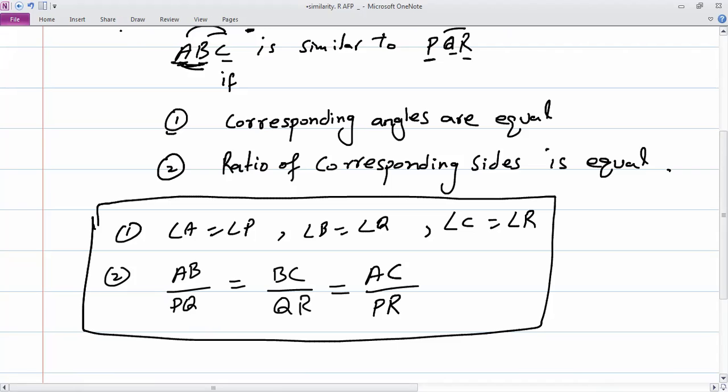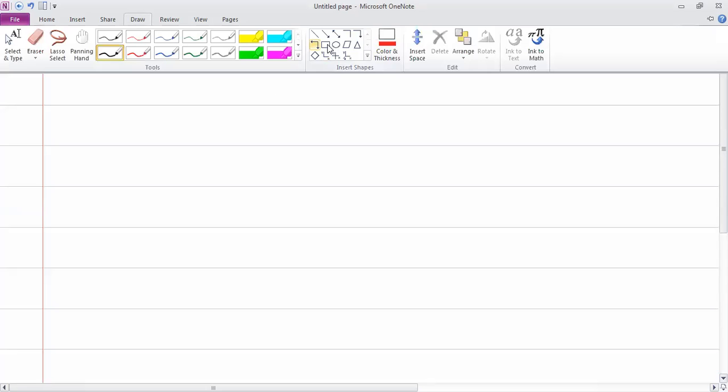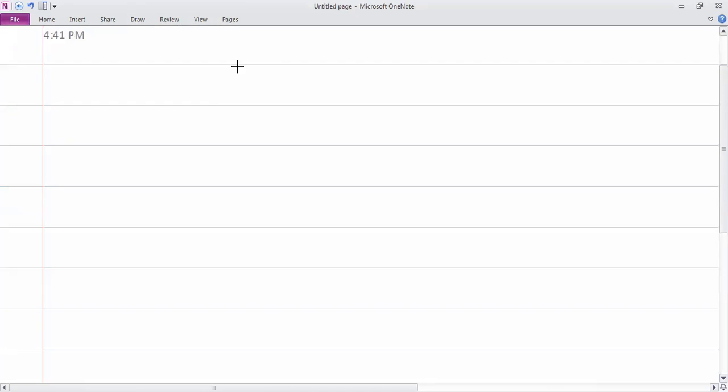Now, let's say I give you two shapes, and we will check whether they are similar or not. There are two triangles.